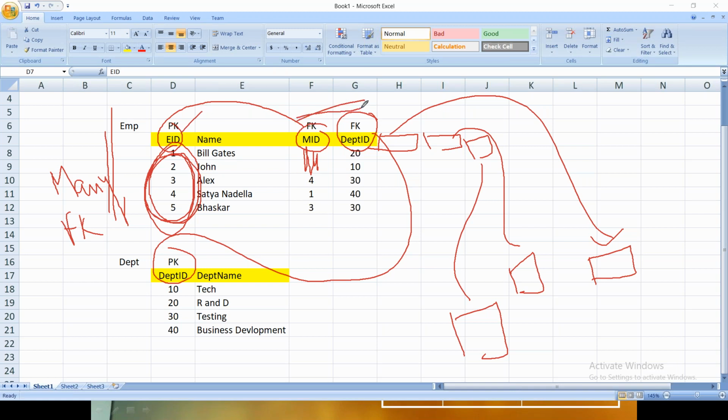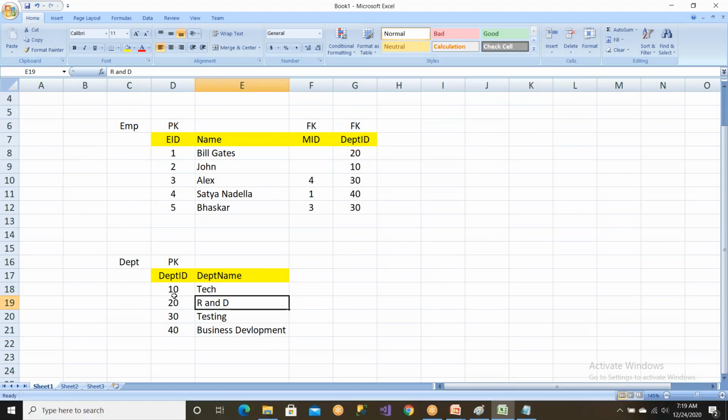Am I clear? So in which table are you supposed to fill in the data first? Is it the primary key table or the foreign key table? Always you have to fill in the data in the primary key tables, because if you don't have 10 here, can we have 10 here? If you insert a 10 and we don't have any data here, what will happen? Definitely it is going to fail. For example, I don't have any data here.